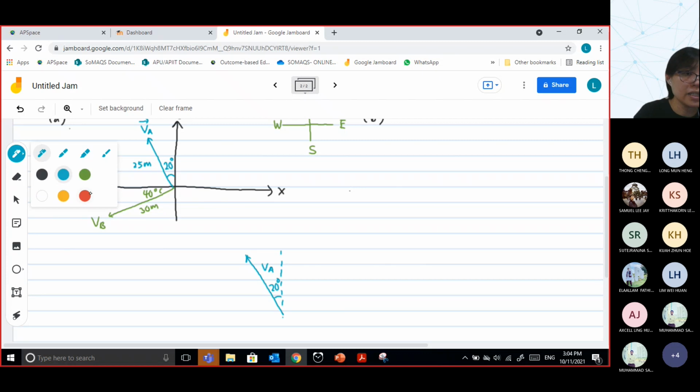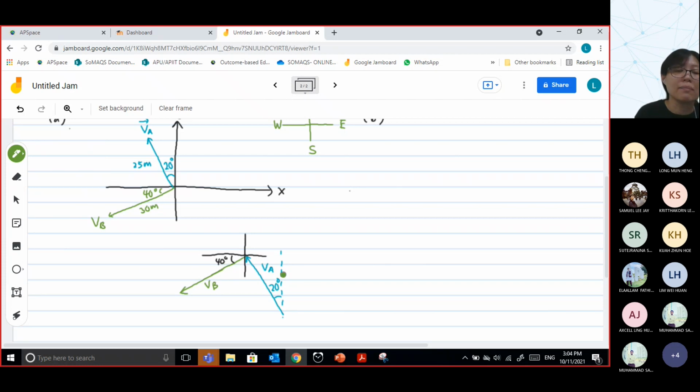Then after that he followed this direction, and here is a 40 degree. So this is VB. Just now I presented it on the same diagram, so this is what happened.